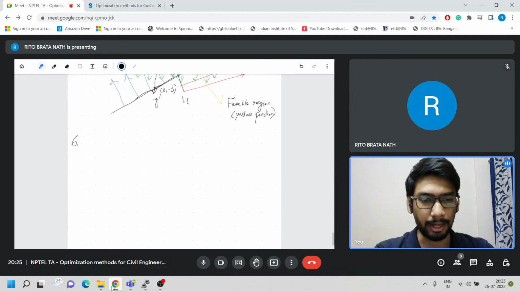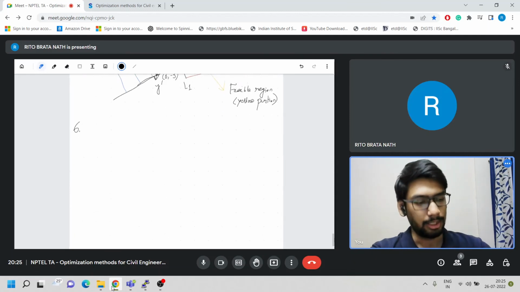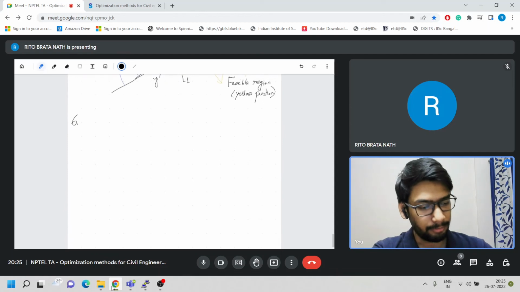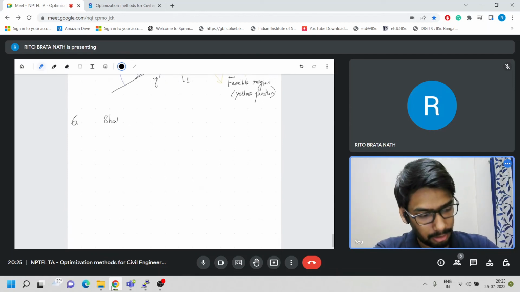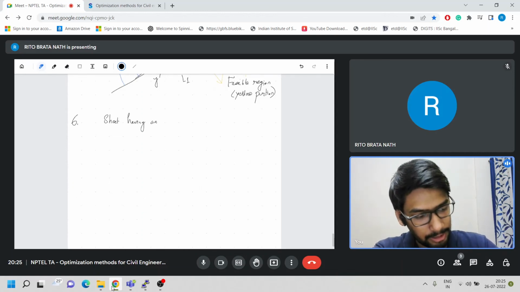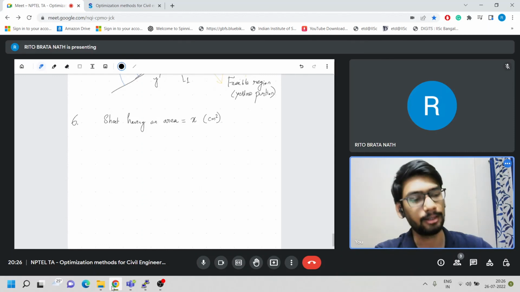So suppose I have some sheet having an area of say x, probably x centimeters square or something like that.